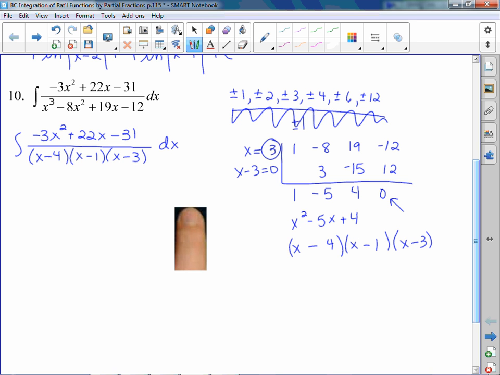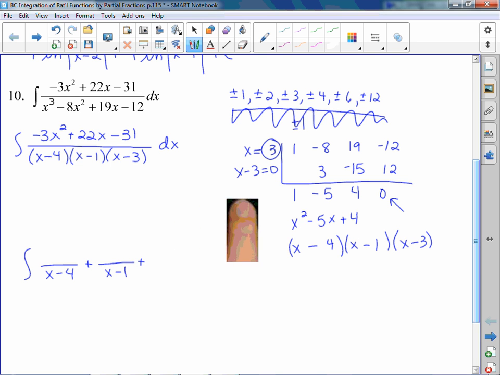All right, I think I'll leave a little bit of extra space this time. And I'm going to set these up with x minus 4, x minus 1, and x minus 3 dx.